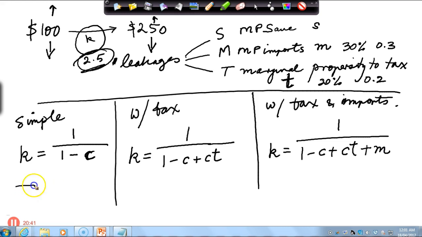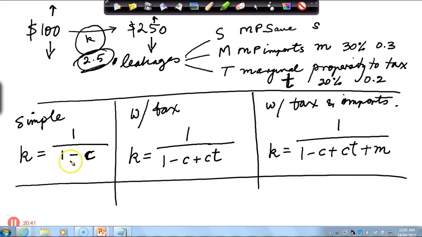So these are our three possible multipliers that could be used depending on how simple your version of the economy is. Obviously, the more complex version of the economy would utilize this kind of multiplier.